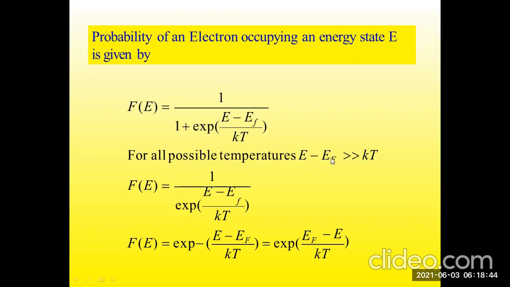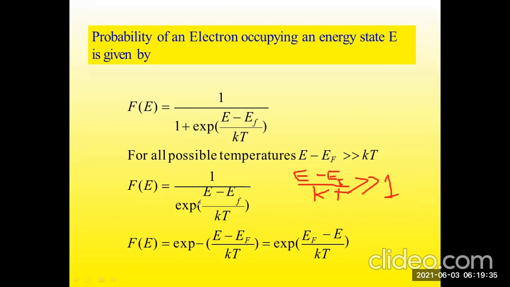Therefore 1 can be neglected, since the value 1 is very, very small compared with (E minus EF) by kT.